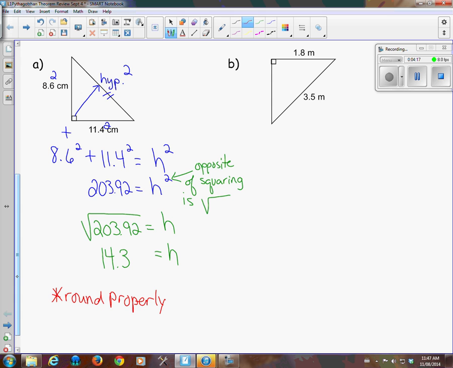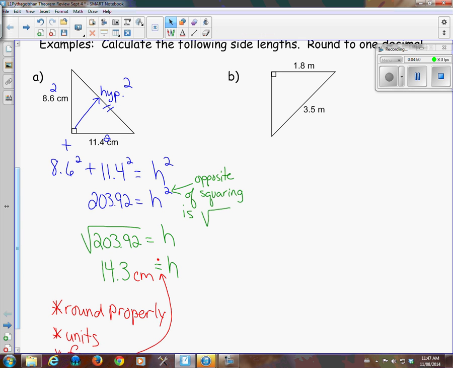So I look at my triangle and I see that it is in centimeters, so the hypotenuse is 14.3 centimeters. Other thing I want to remember, since I've rounded my answer, I want to use proper form to show that I've rounded my answer, and that would be a little dot over the equal sign. And you've done your first Pythagorean theorem question.